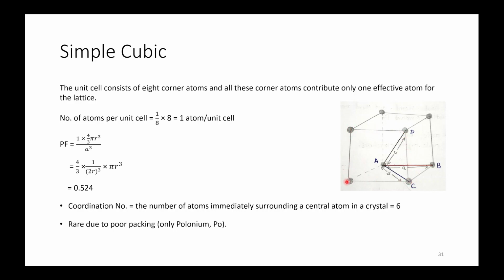This face plane is denoted as the 100 plane, right? So this plane will have a different planar density, and if there is a 110 plane which will be diagonal in this, that plane will have a different packing density. That's why you'll be having different densities along different planes.